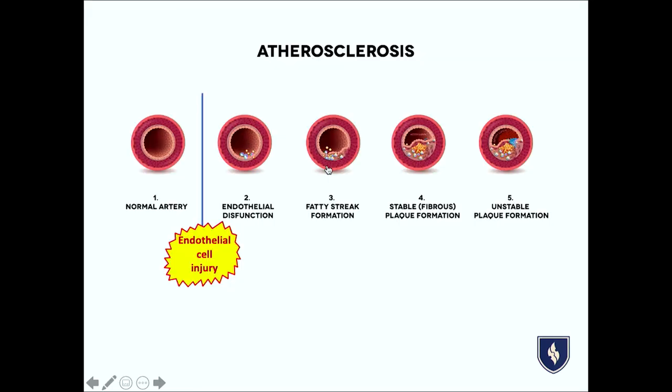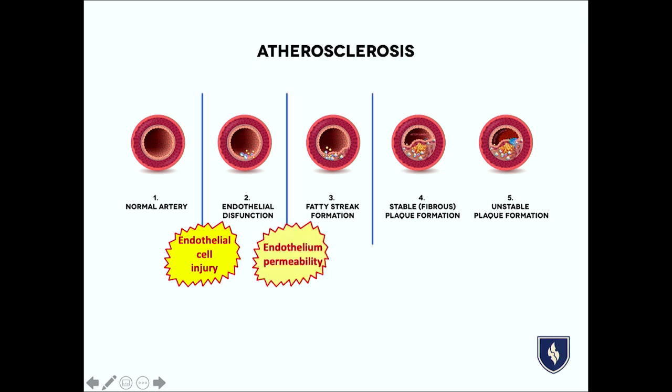So here you see endothelial cell destruction. So if something injures, let's go through the steps again in a different diagram. Endothelial cell injury, endothelial permeability, endothelial dysfunction, when all the symptoms of low nitric oxide come in. Then you start to get an arterial plaque from those foam cells, which are those ingested oxidized LDL by macrophages.